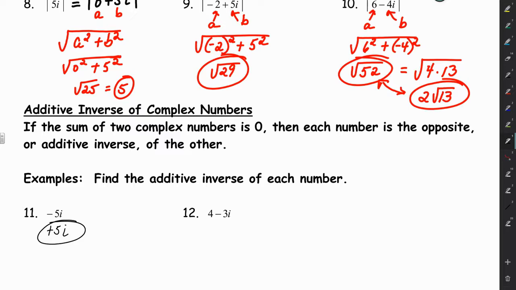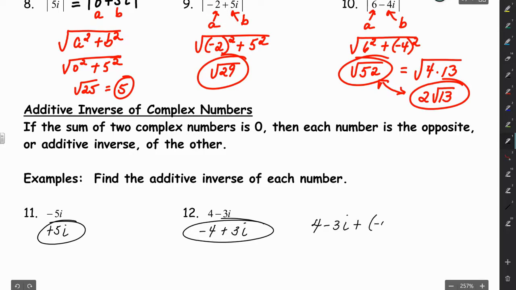And in number 12, negative 4 plus 3i is the additive inverse of 4 minus 3i. So if I had 4 minus 3i plus negative 4 plus 3i, I would end up with 0. So this is our additive inverse.